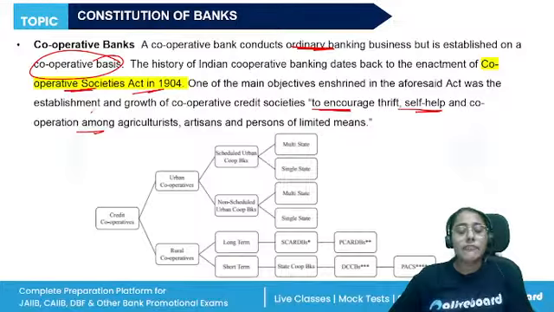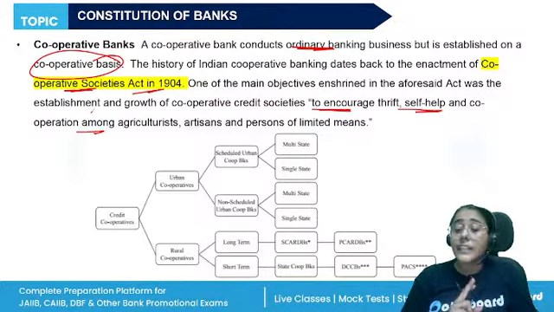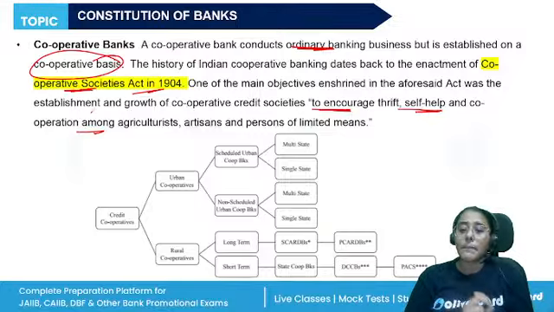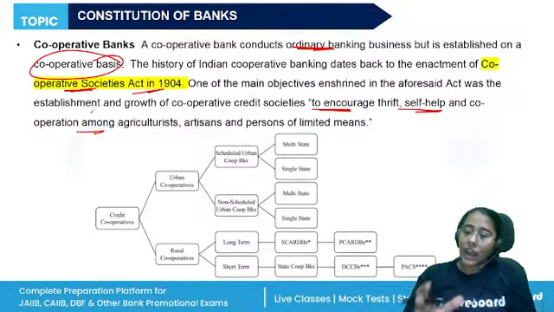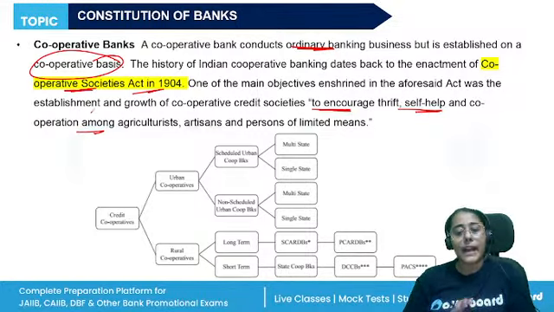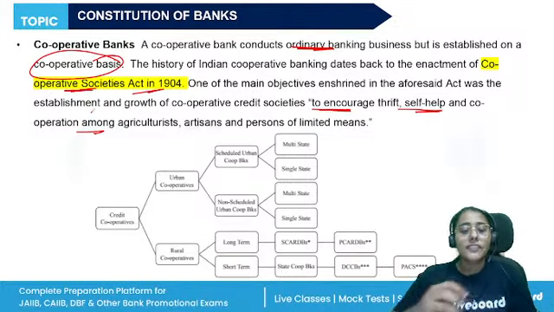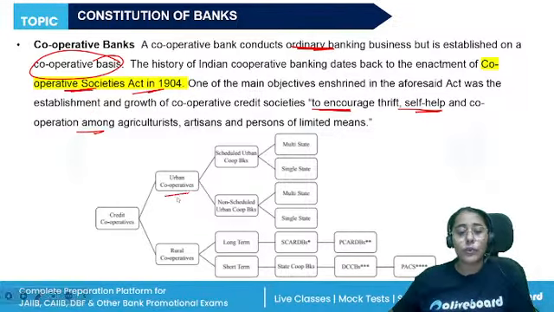Now cooperative banks also come under the regulation of RBI. Earlier they did not, and a recent amendment was made. Now RBI controls the cooperative banks as well, right? The cooperative credit societies can be divided into UCBs, urban cooperatives, and rural cooperatives, scheduled and non-scheduled.